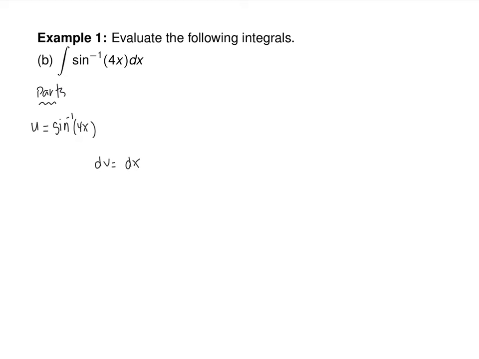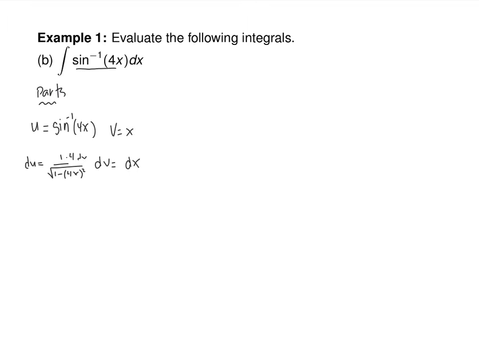And the reason you have to let u equal sine inverse is because you don't know how to antidifferentiate it. You only know how to differentiate it. Its derivative is 1 over the square root of 1 minus 4x, the quantity squared, multiplied by 4 because of the chain rule. And the antiderivative of dx is just going to be x.